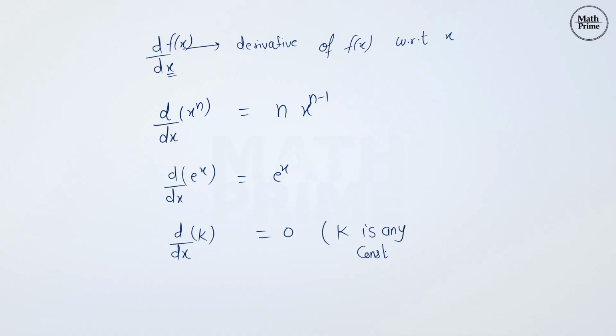If k is constant, then its derivative is 0. Now again, derivative of x power n is n times x power n minus 1, e raised to power x is e raised to power x, and derivative of k, where k is any constant, is 0.